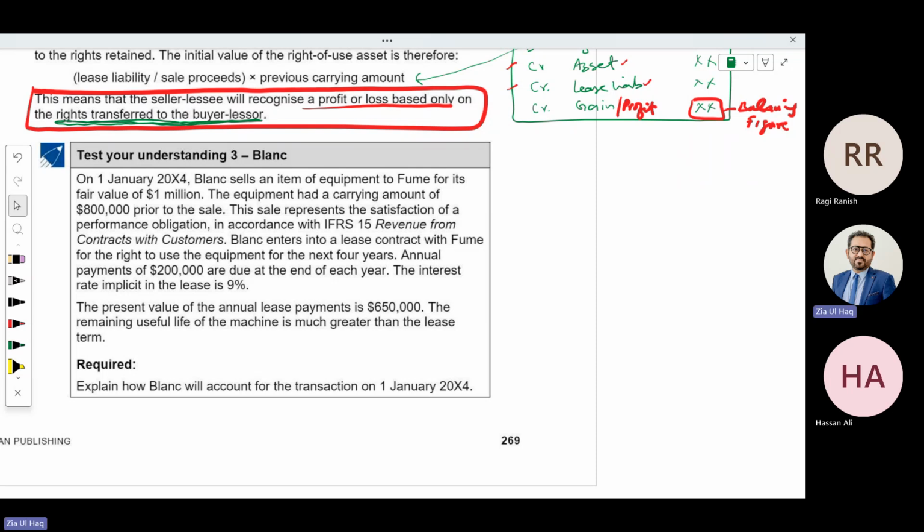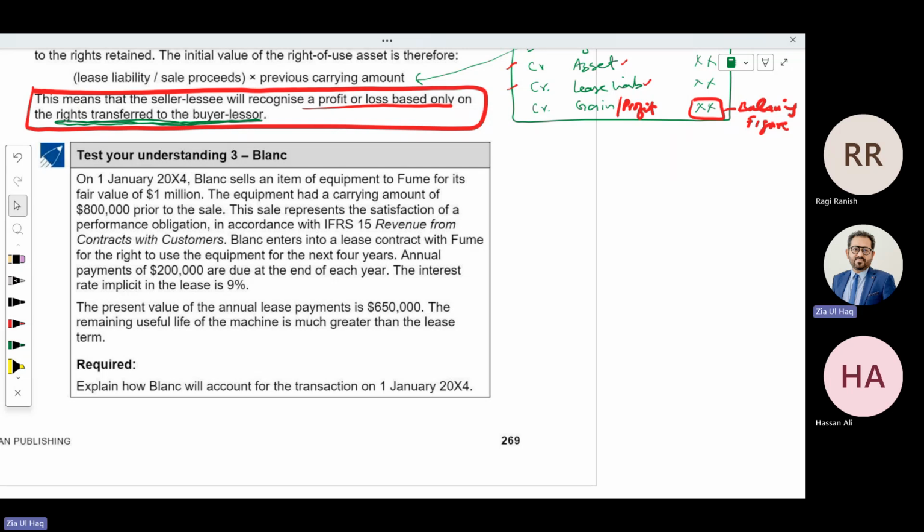Carrying value is given. This sale represents the satisfaction of a performance obligation in accordance with IFRS 15 Revenue from Contracts with Customers. This means this sale is fulfilling the criteria of IFRS 15. Black enters into a lease contract with Fume for the right to use the equipment for the next 4 years.